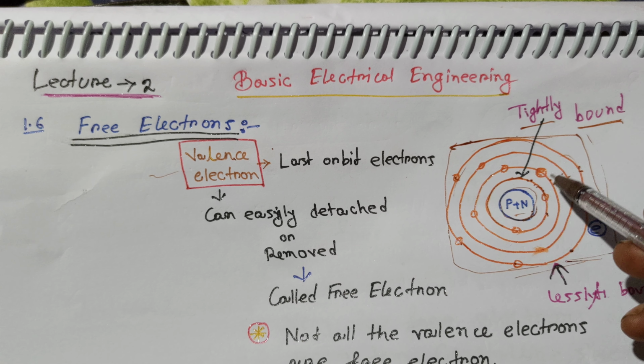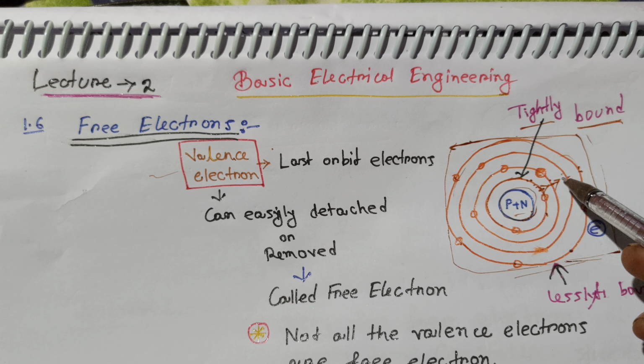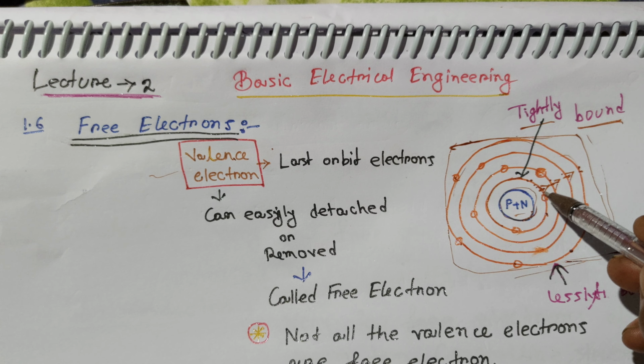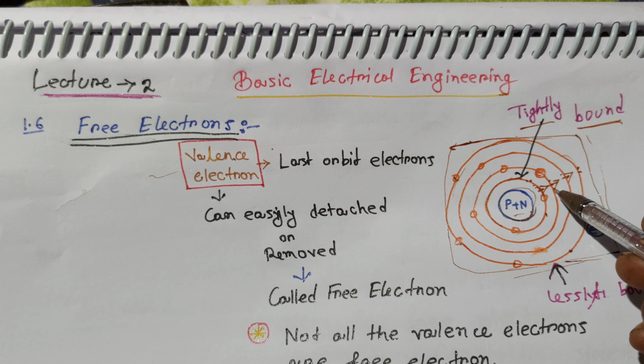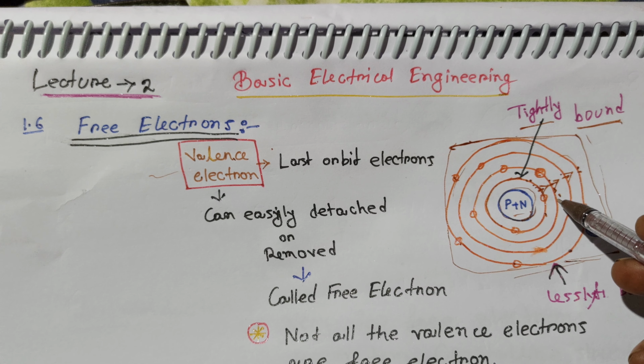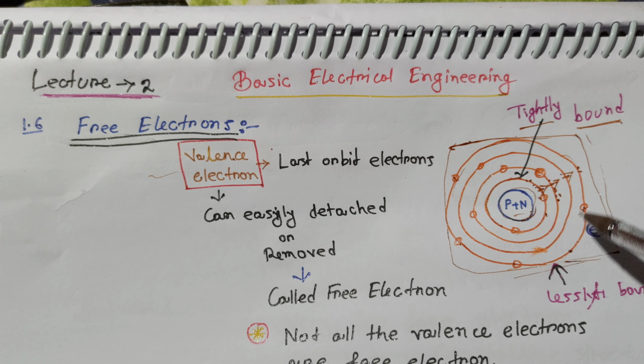If we go to the outer orbits slowly one by one, the second orbit has electrons that are less tightly bound compared to the number one orbit. It goes like that.